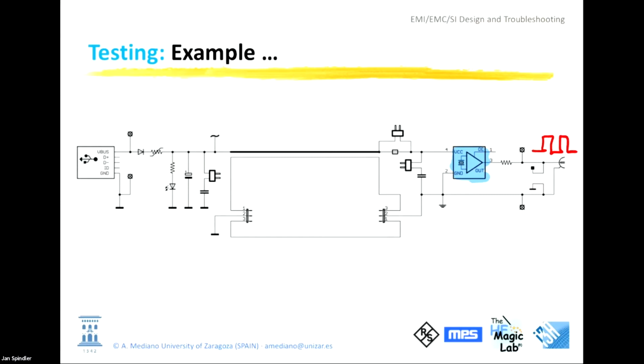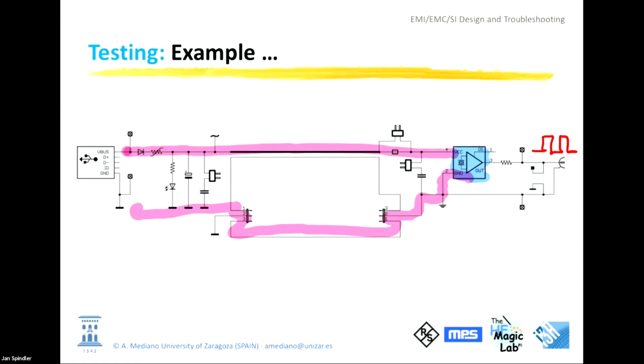I am interested in the power supply network. In the power supply network, I have a 5 volts line powering the device, and I have a return path with 2 possibilities. We have the possibility of a big loop in the PCB, or a small loop with a trace that is very close to the first one.